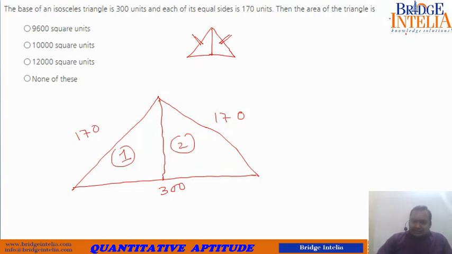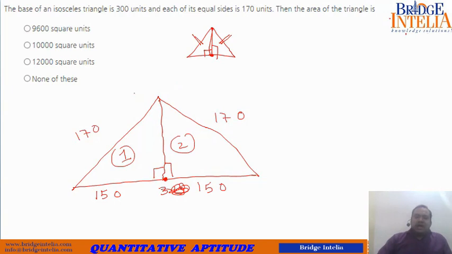So if you join this vertex with this midpoint, this angle will be 90 degrees. Why? Because it is just like adding two right angle triangles. Midpoint means the entire line got divided into two equal halves, so 300 got divided into two line segments of 150 each.